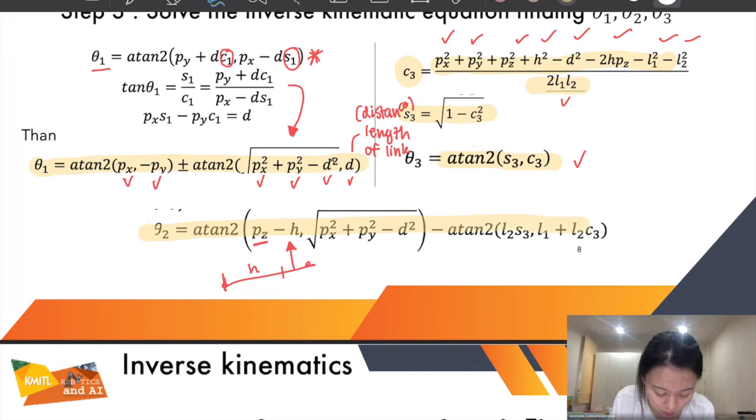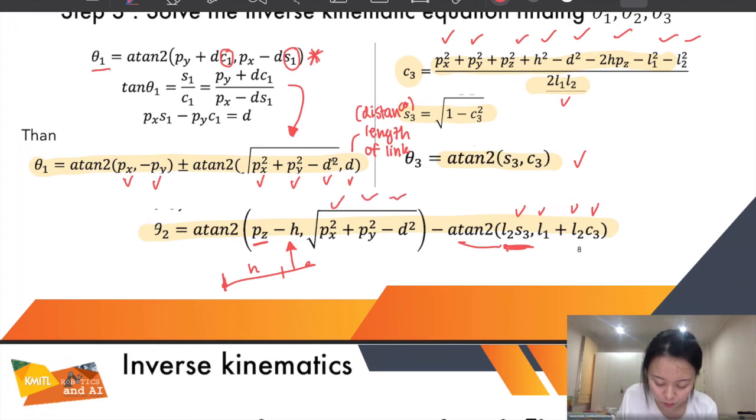So the theta 2 comes from atan2 of pz minus h, divided by the square root of px squared plus py squared minus d squared, and minus the length of the second link multiplied by sine theta 3 over L1 plus L2 cos theta 3.